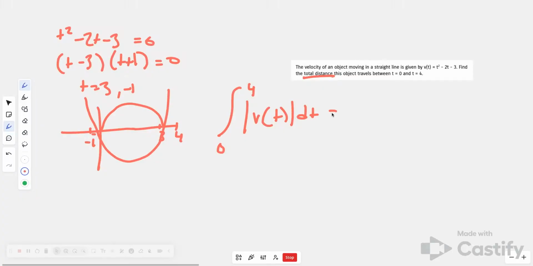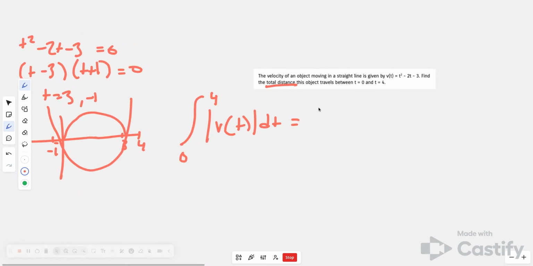So for that, we're going to need to multiply the velocity function by -1. So the first integral would be from 0 to 3, and that would be negative t squared plus 2t plus 3.